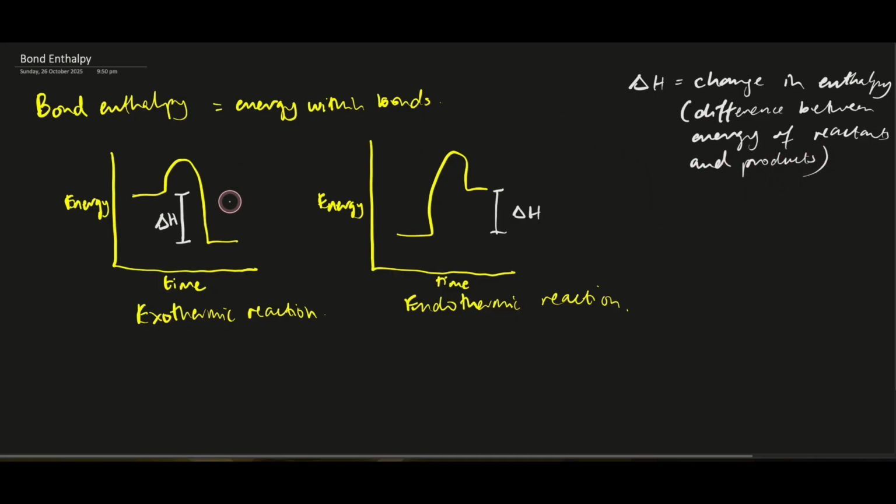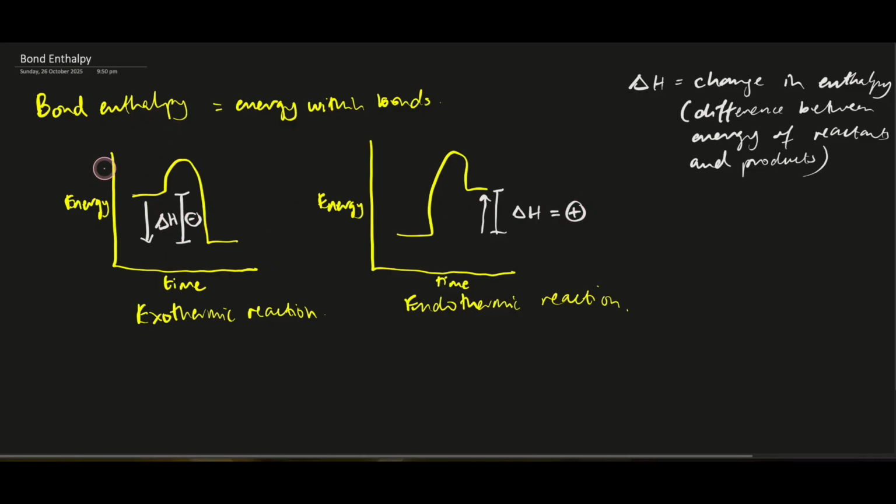Okay, so if delta H goes down, so we started at this point, we're going down to this point, then our enthalpy change is negative. If delta H goes up, then our enthalpy change is positive. Okay, this is a positive change, and this is a negative change.